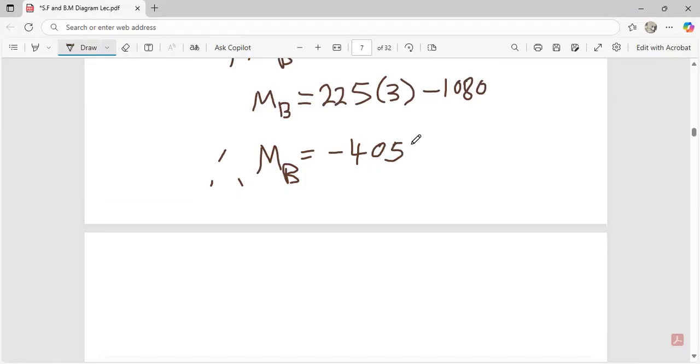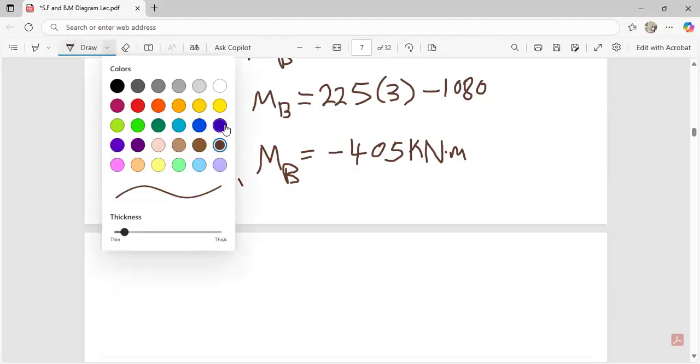The unit, you have to add a unit. An answer without a unit is considered wrong. So this becomes kilonewton dot what? Meter. The presence of the dot indicates a multiplication sign.